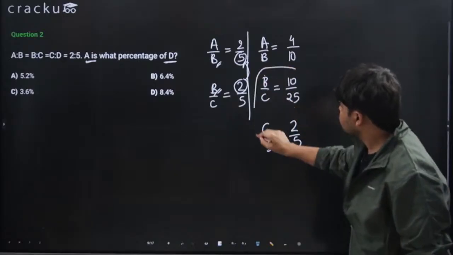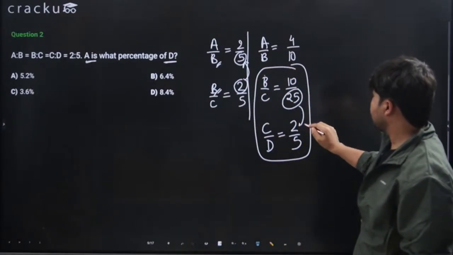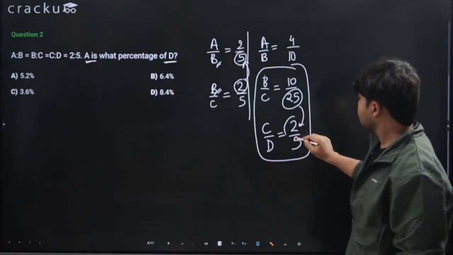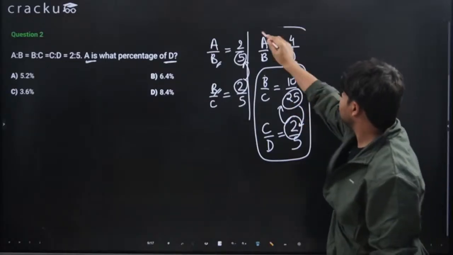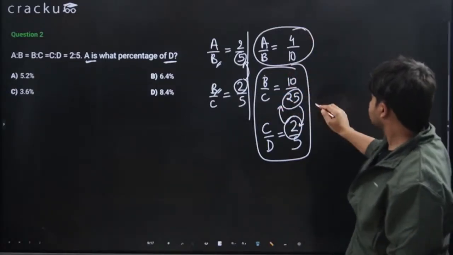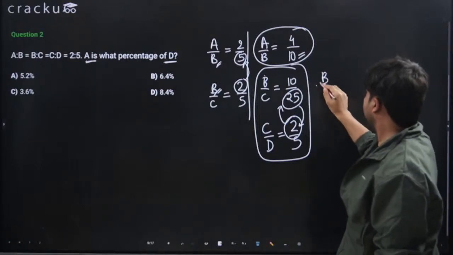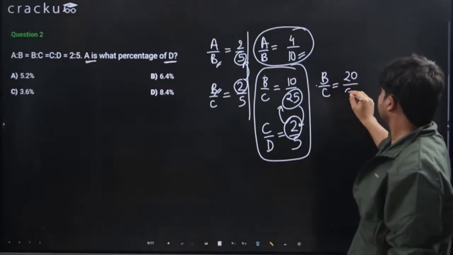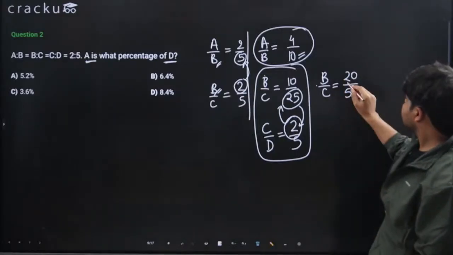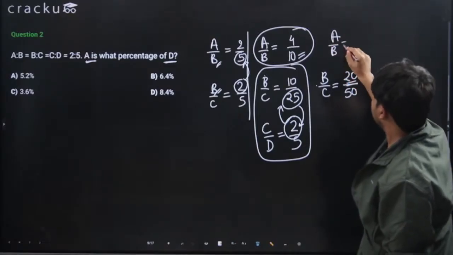So now we will consider these two. Here we have 25, so we will multiply this by 25. Here we have 2, so we have multiplied this by 2. And we will have to do this here as well. So let's multiply this by 2 as well. So let's see what we get. We get B over C is equal to 20 over 50. We have multiplied this by 2. Since this has become 20, let's write this as 8 over 20.